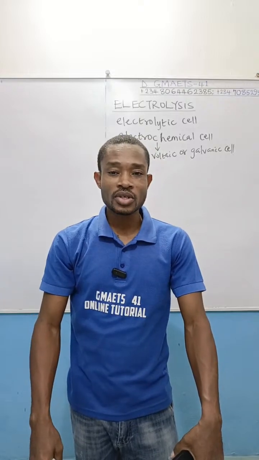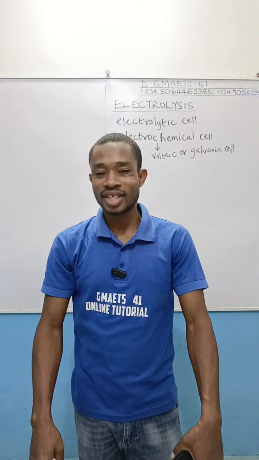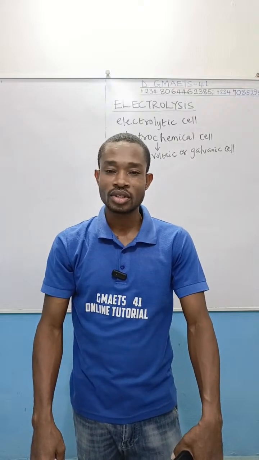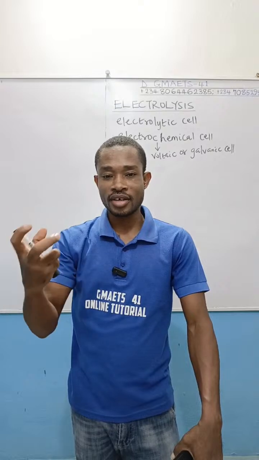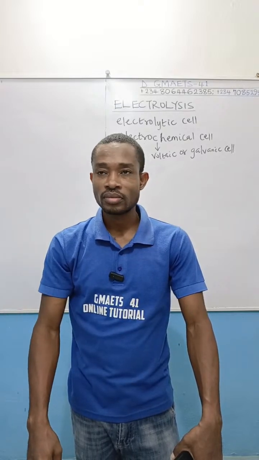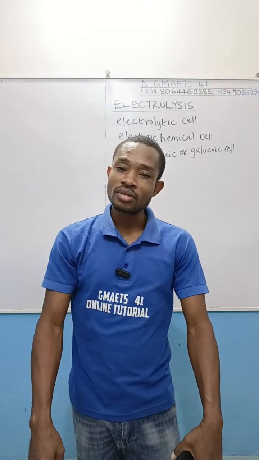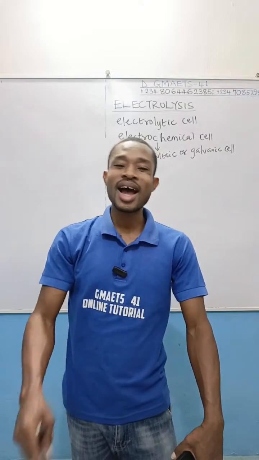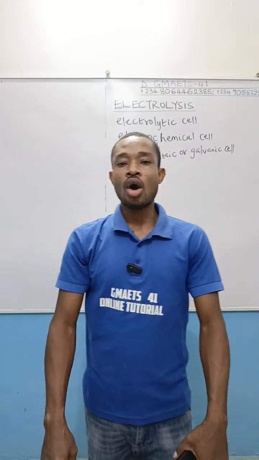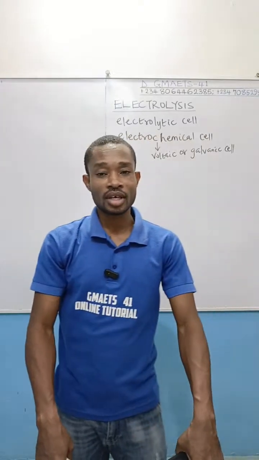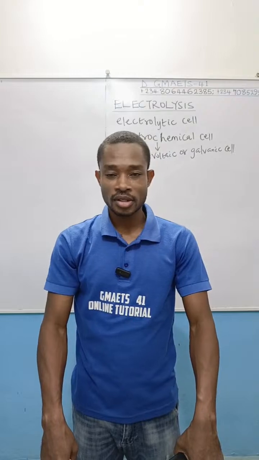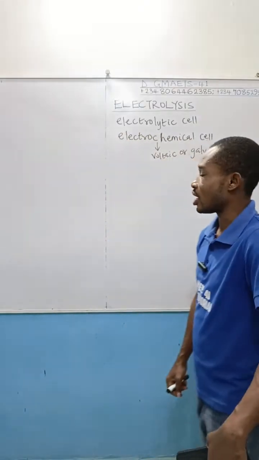In electrochemical cell, reduction also takes place in the cathode. And that reduction has to do with gain of electrons. And then at the anode, oxidation takes place, whether anode of electrolytic cell or anode of electrochemical cell. You want to take note of that. Oxidation takes place in the anode.